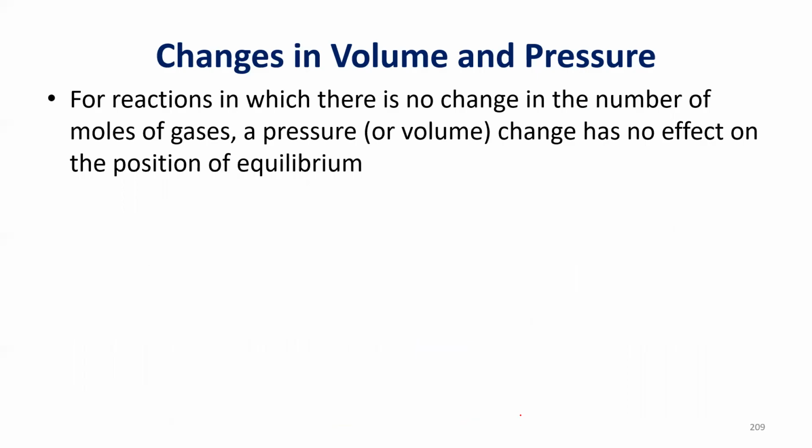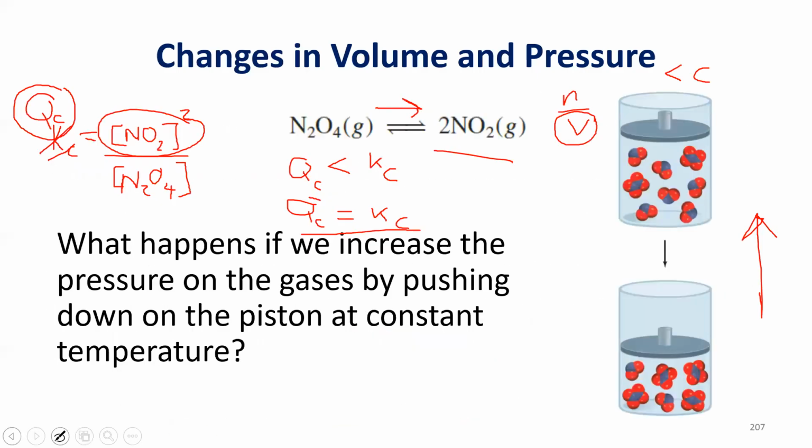So for reactions in which there is no change in the number of moles of gases, a pressure or volume change has no effect on the position of equilibrium. Notice here, in our reaction, we had a change in the number of moles of the species. You move from 1 mole to 2 moles.